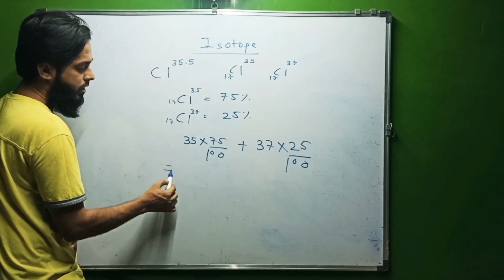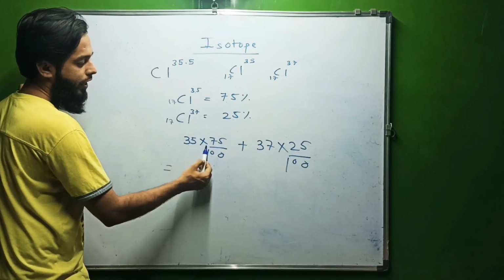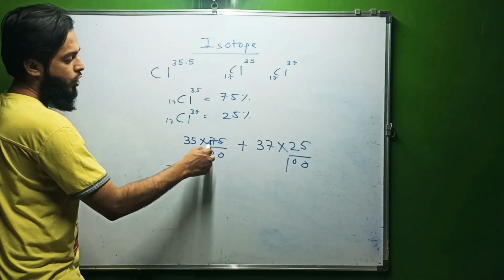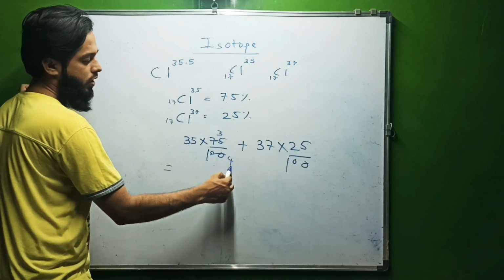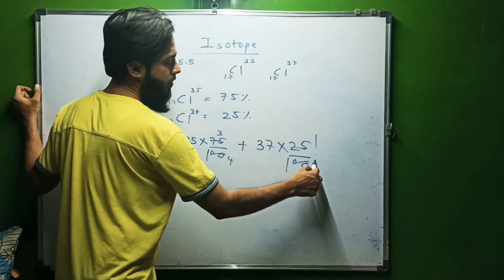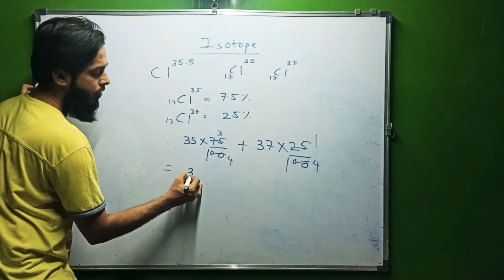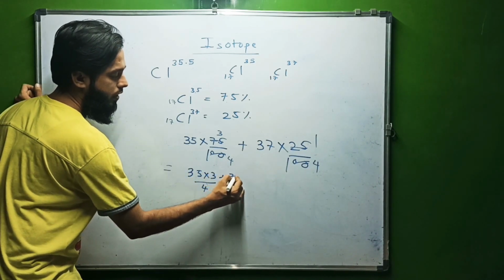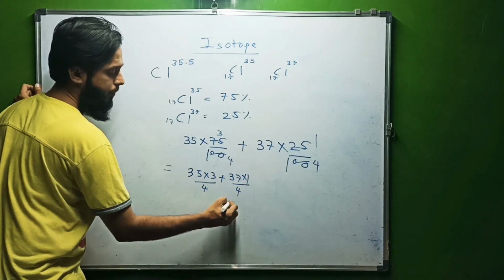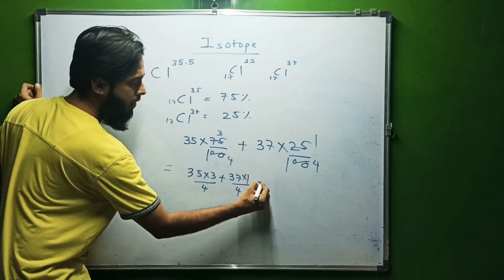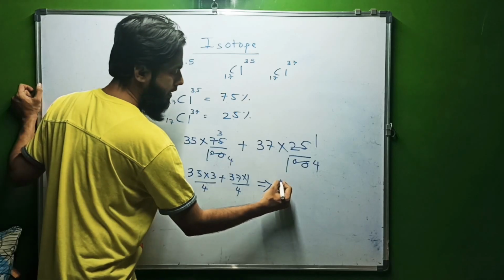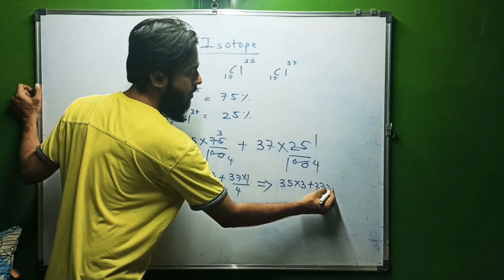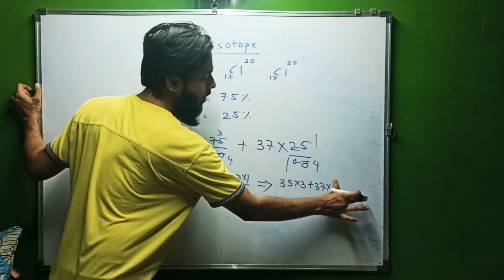So what will be the average mass? 35 into 75%, 37 into 25%. 25 3s are 75, 25 1s are 25, 25 4s are 100. We have 35 into 3 divided by 4 plus 37 into 1 divided by 4, which will be how much? Both denominators are the same, so we write it this way: 35 into 3 plus 37 into 1, all divided by 4.